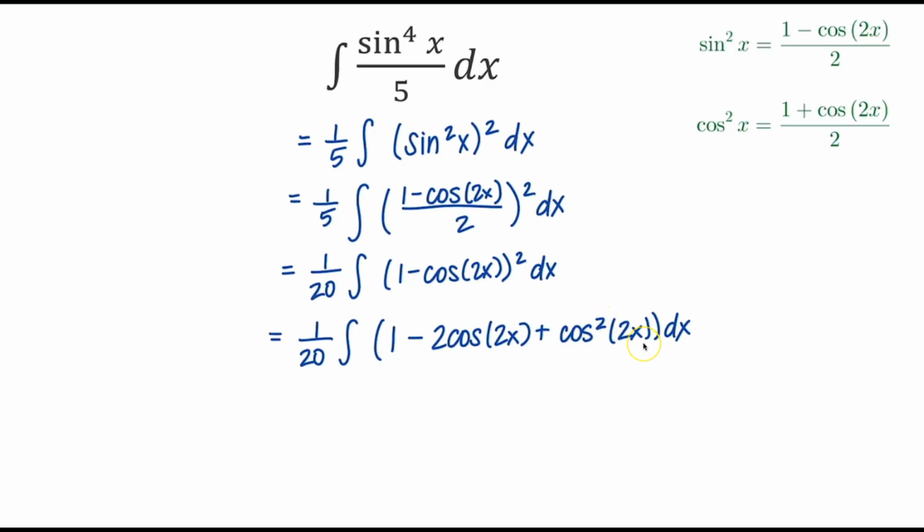We have cosine squared 2x, so we need to reduce again. So that's why this power reducing identity is up. Cosine squared x is equal to 1 plus cosine 2x over 2. We have a 2x inside the cosine function, so we just have to be careful and replace the x with a 2x.